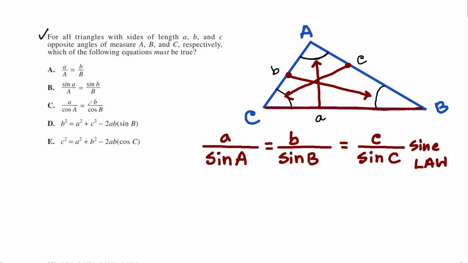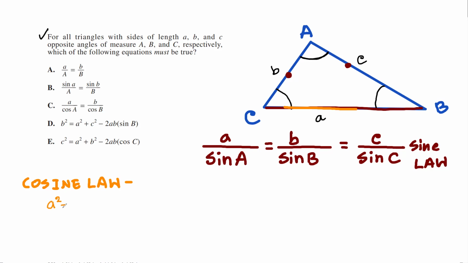And how to write the cosine law then? Let's start with this side length a. So I'll write a squared equals, what are the other two sides except a? b and c, right?